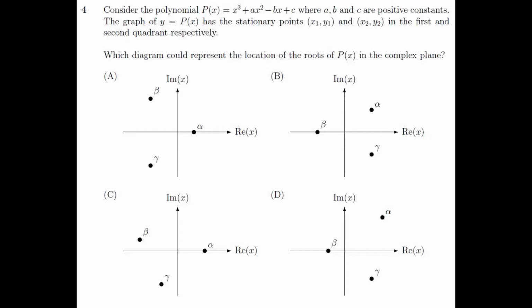So really what we're choosing between, if you look at these 4 options, is whether the real root will have a positive or negative x value, and then what's the nature of the complex roots. And basically through making deductions on those 2 concepts, I think through a process of elimination, we can get to the right answer here.